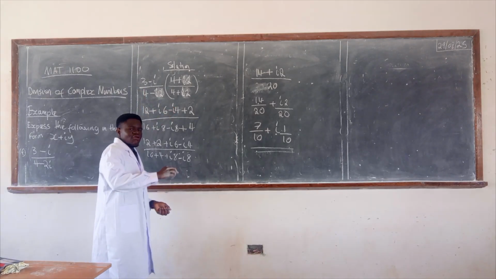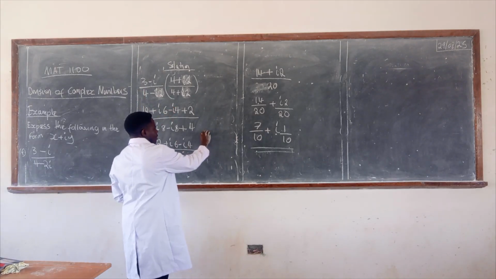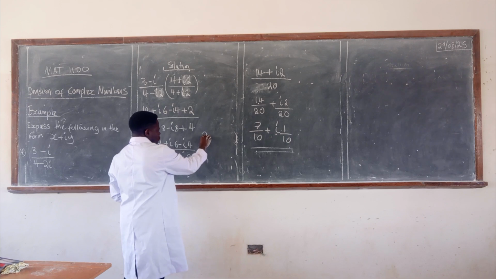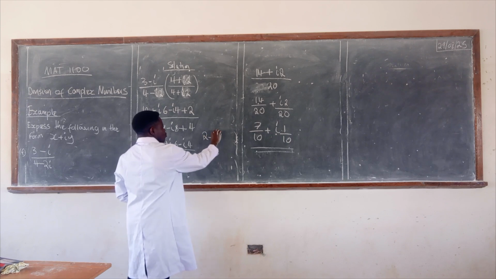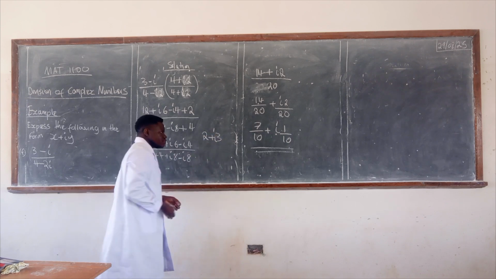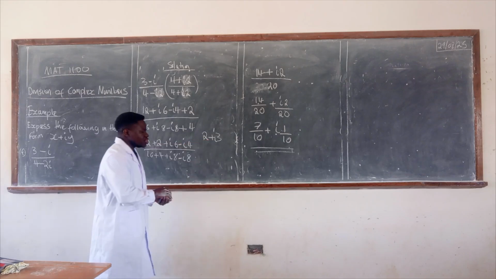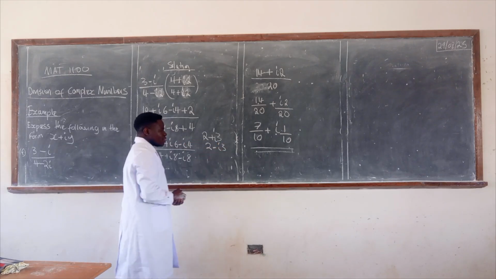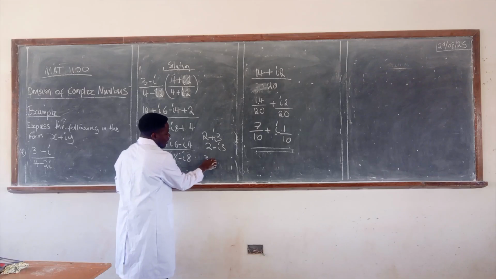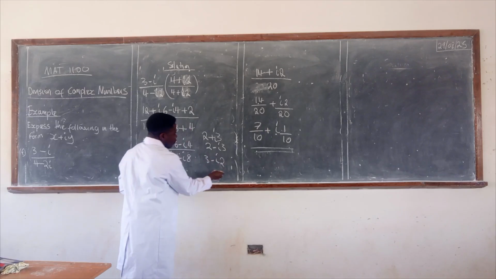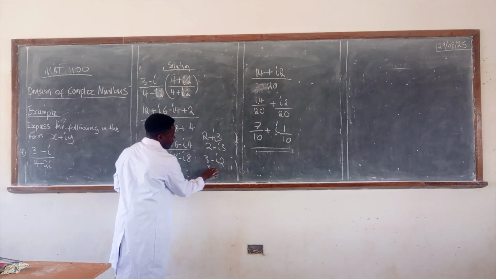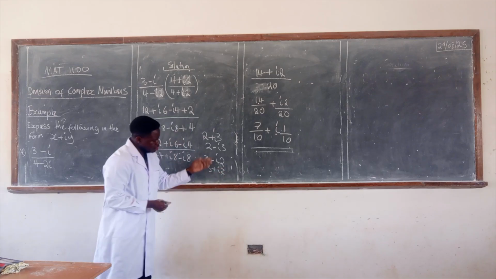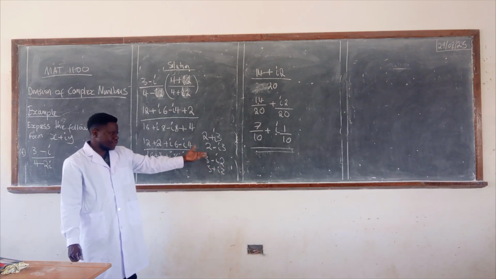If we have 2 plus 3i, the conjugate is 2 minus i3. If we have 3 minus i2, the conjugate will be 3 plus i2. If you notice, only the sign is changing for the conjugate.